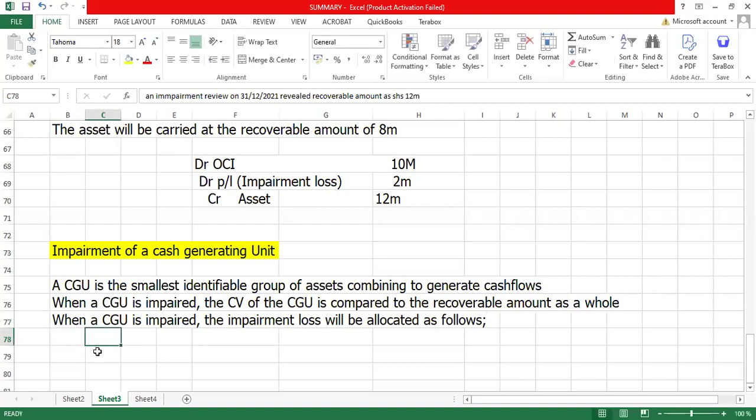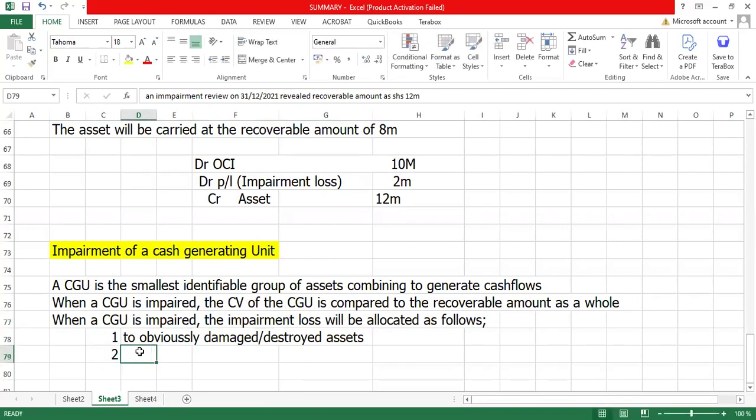So that loss must be allocated in this order. One, you first allocate to obviously damaged or destroyed assets. In a question, they can give you those kinds of destroyed or damaged assets. So you first allocate part of the impairment to this.